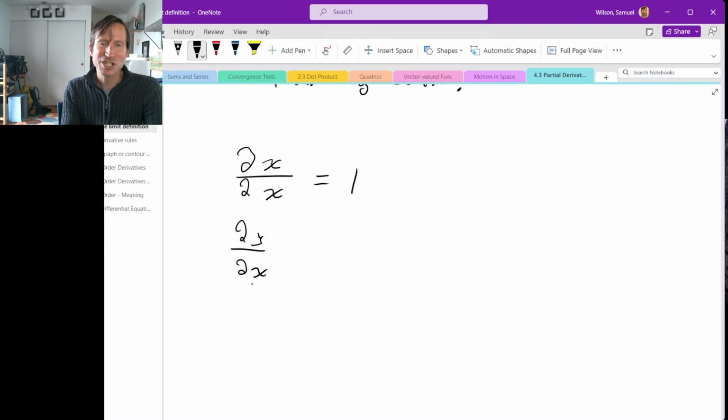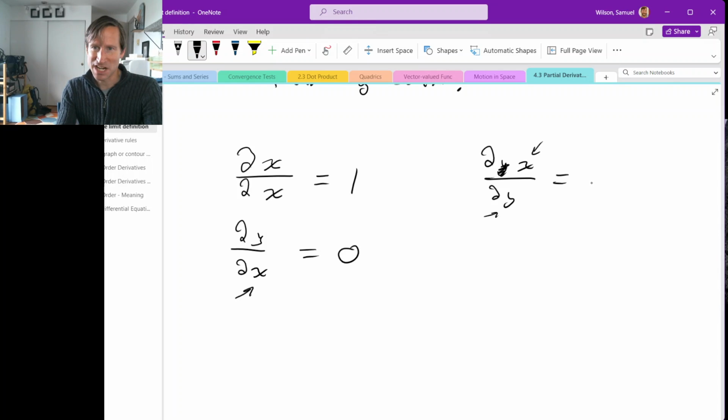Well, how does y change if you're varying x and keeping y constant? It doesn't change, and so partial y partial x is 0. And on the other hand, partial x partial y is, as you vary y, x doesn't change, so partial x partial y is 0. And finally, partial y partial y is 1.